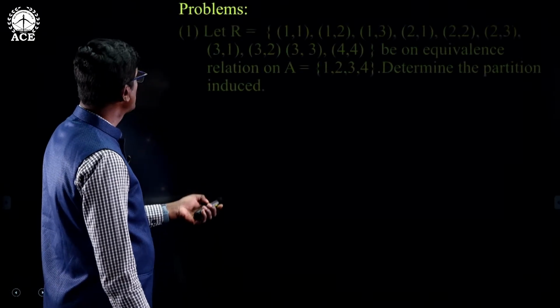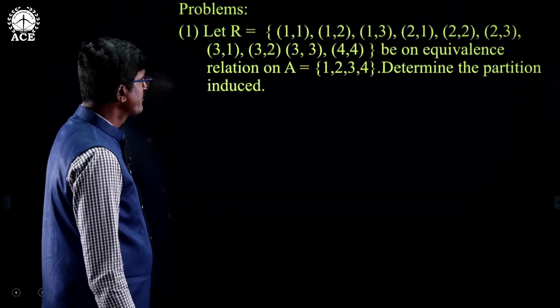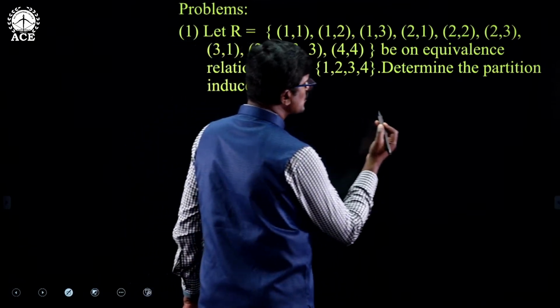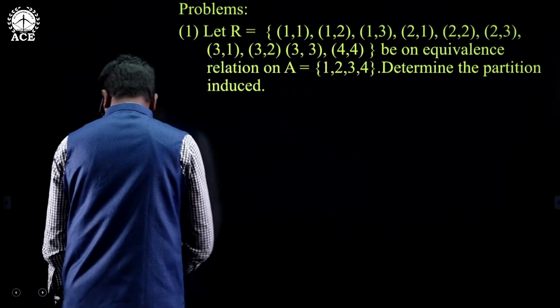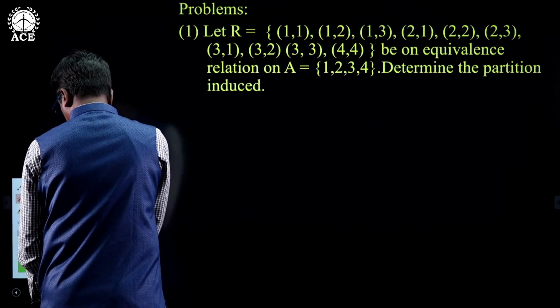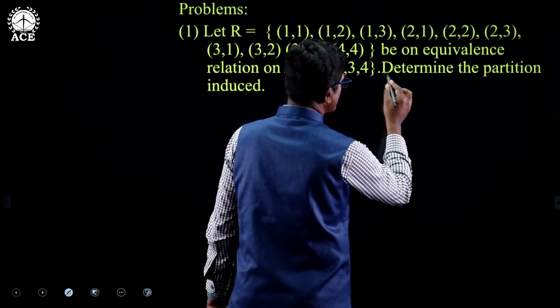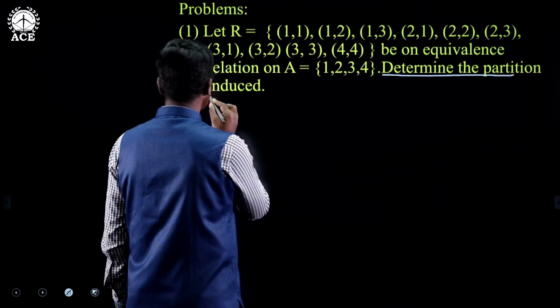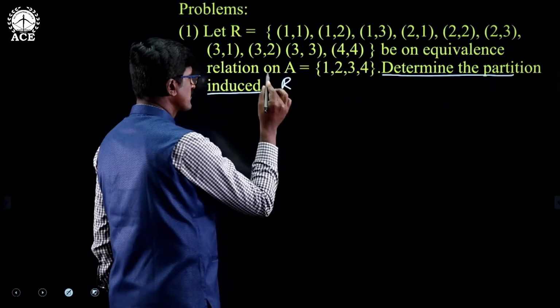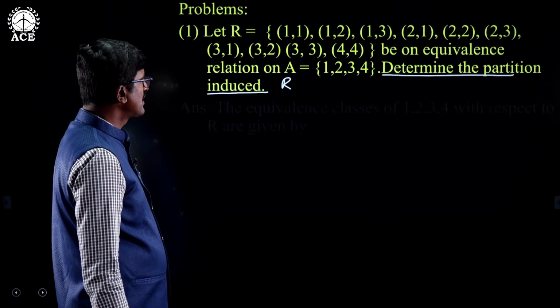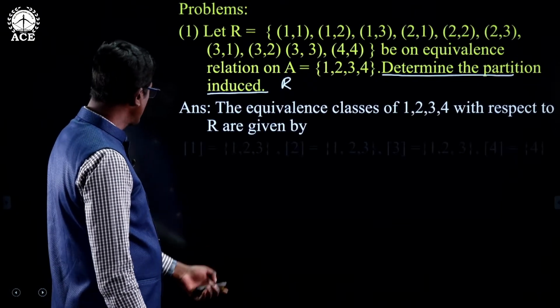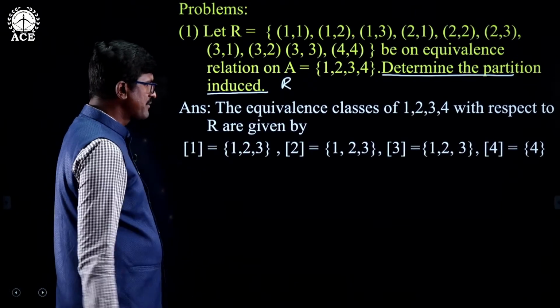Now I'll see one example. Here they have given some relation, and they are asking us to find the partition induced by this relation R. Determine the partition induced by the relation R. So first I am finding the equivalence class of every element.